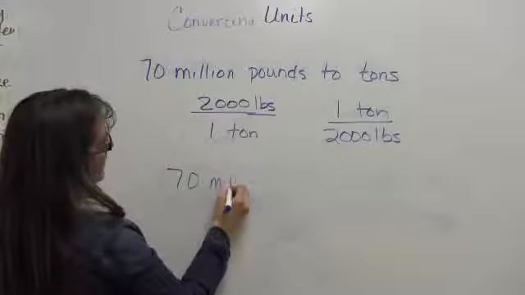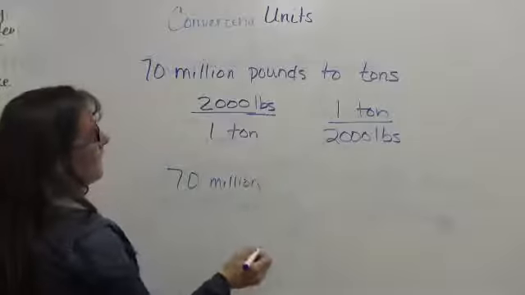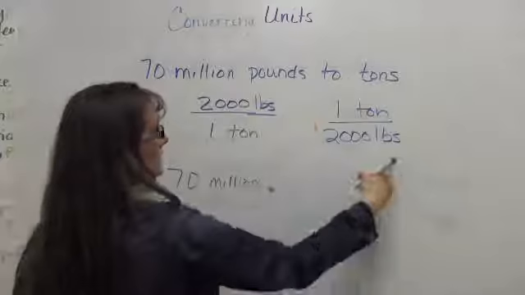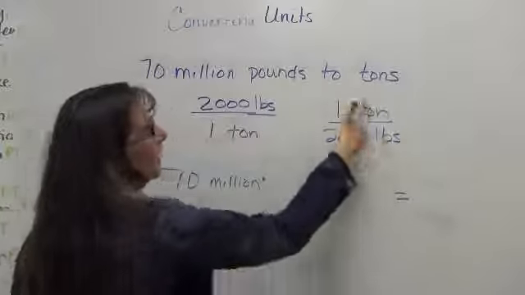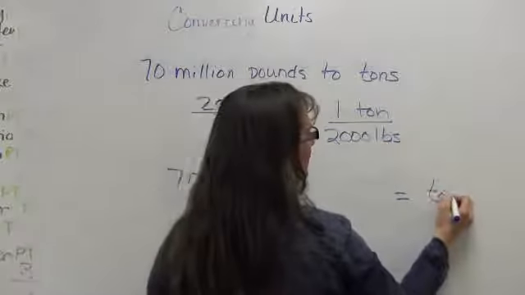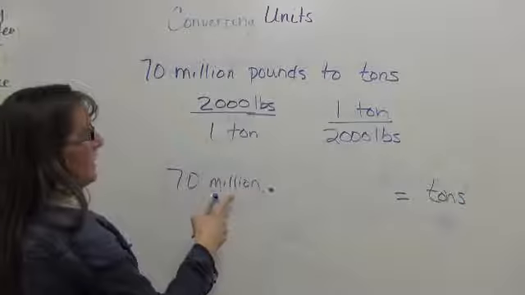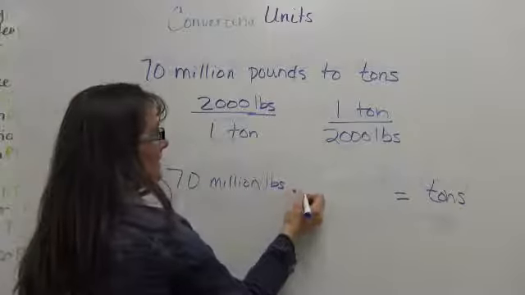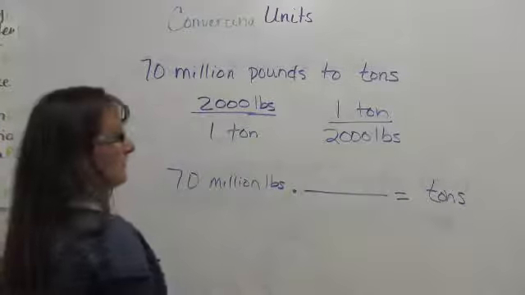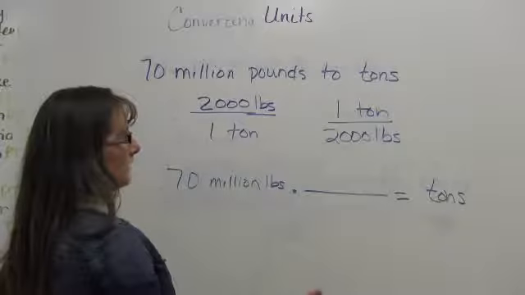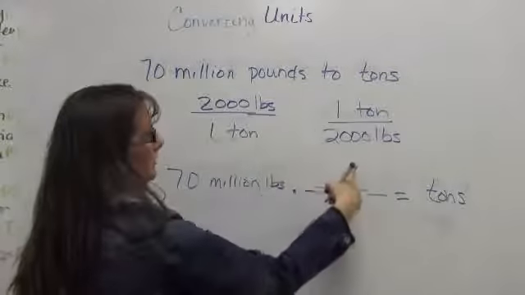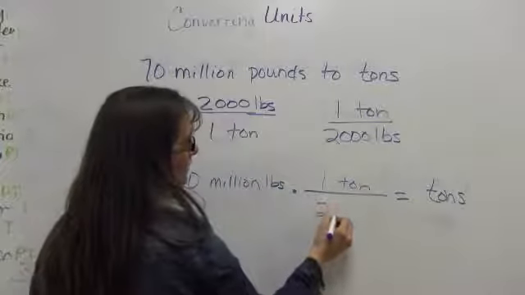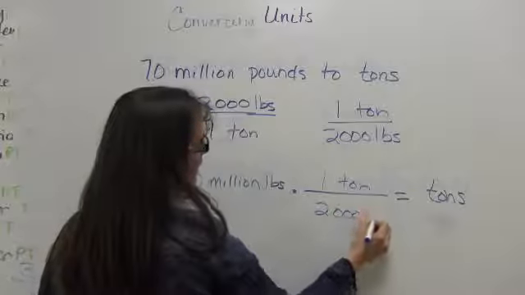I'm just going to say 70 million just to make it a little simpler. And I know that I will be multiplying it by this conversion factor or this conversion factor. Well, I'm converting to tons. I need my pounds to cancel out. So that means that my pounds will have to be in the denominator of the second fraction. That means this is my correct choice. So I will be putting 1 ton over 2,000 pounds.